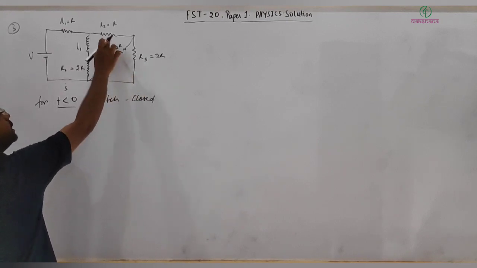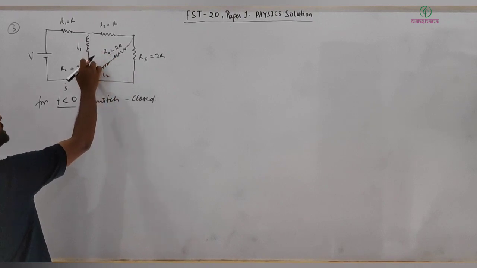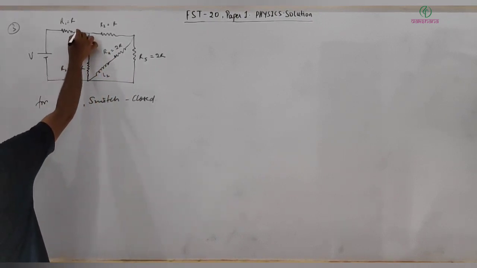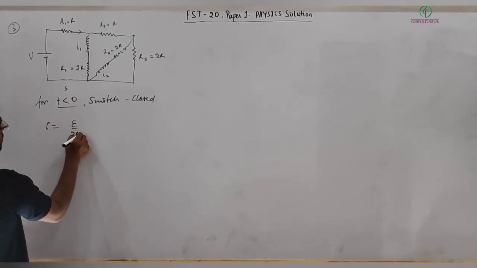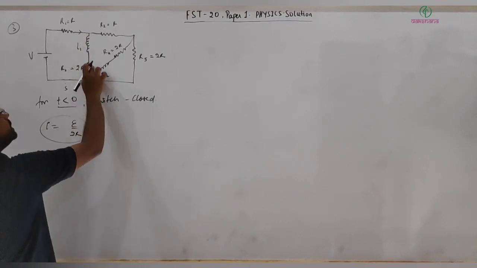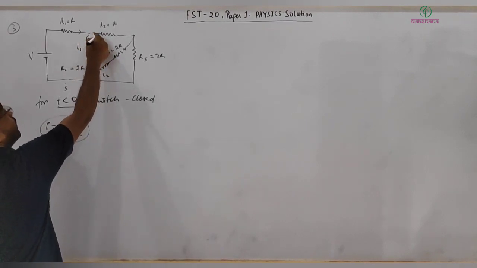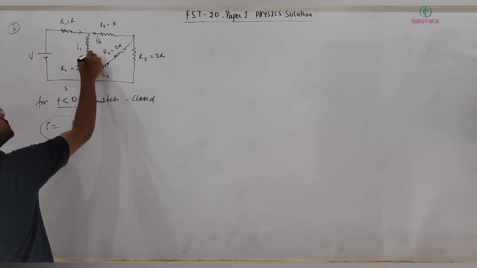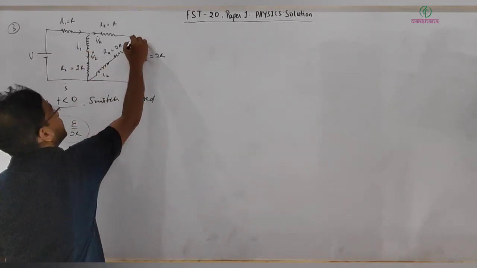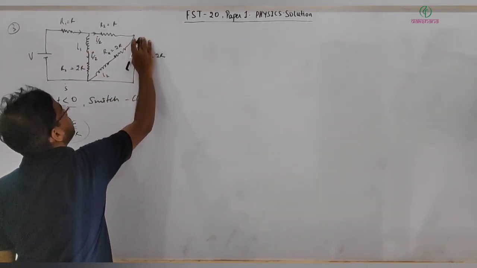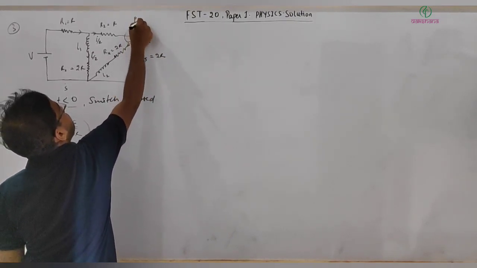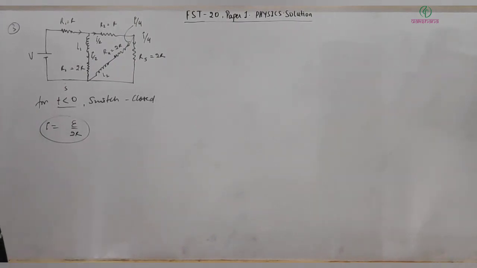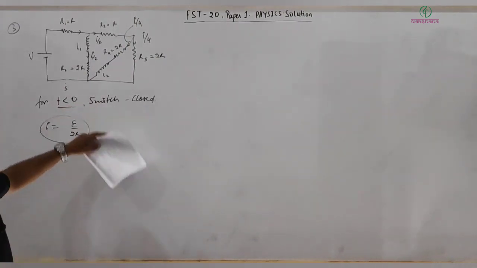It will be R plus R, so it will be 2R, and then 2R in parallel, so the total will be R plus R. So the current I will be equal to E divided by 2R. Because this current will divide equally, here it's I by 2, and it's also I by 2, and here again it will divide, so I by 4, I by 4, and here also it will be I by 4. That will be the current in each part of the circuit for the situation t less than 0.